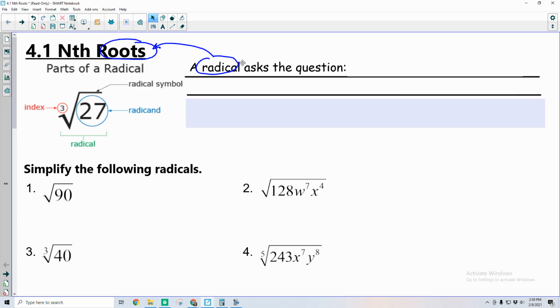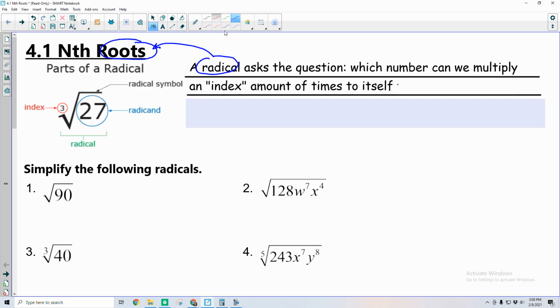The question it's asking you to solve is this: which number can we multiply an index amount of times? If you don't know the vocab, an index is the number that's sitting right on the perch of the radical here. So this particular radical is asking us: which number can we multiply 3 times to itself?